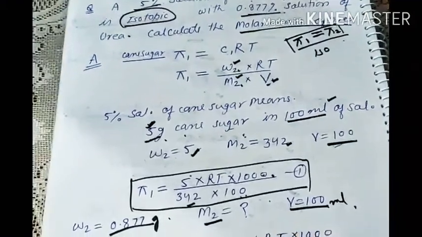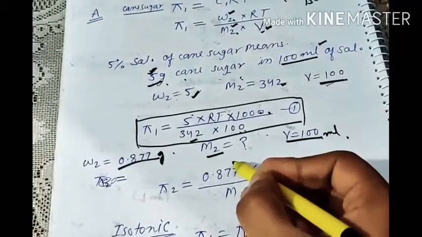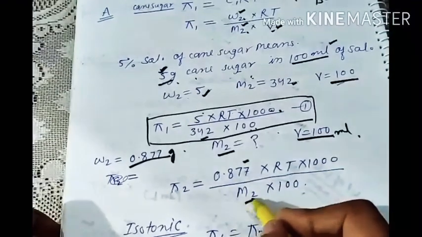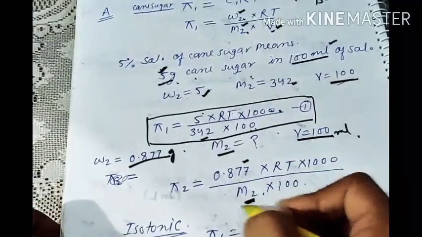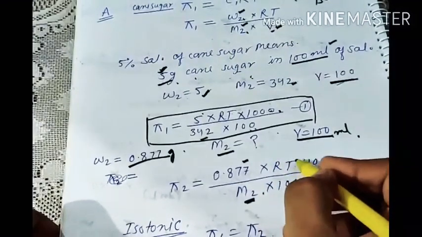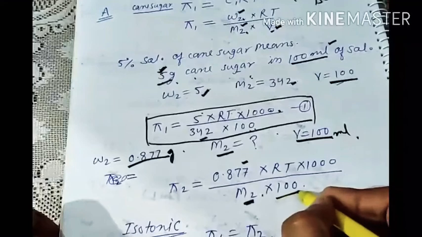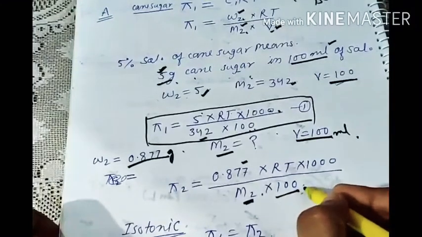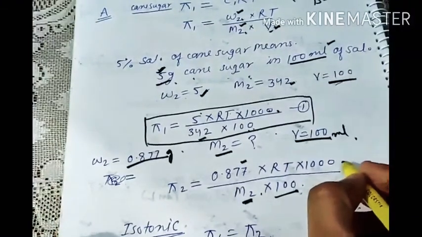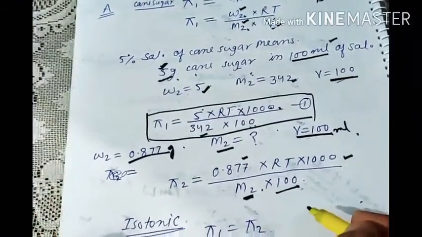We have put here, listen, mass of solute is given 0.877, molar mass we'll have to calculate, suppose it is M2, RT, R and T we'll have to put here, and the volume of the solution is given 100 ml, as it is in ml, so we'll have to multiply this with 1000, okay.